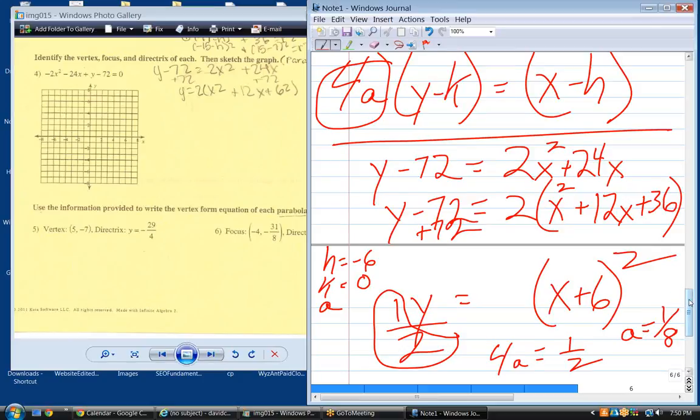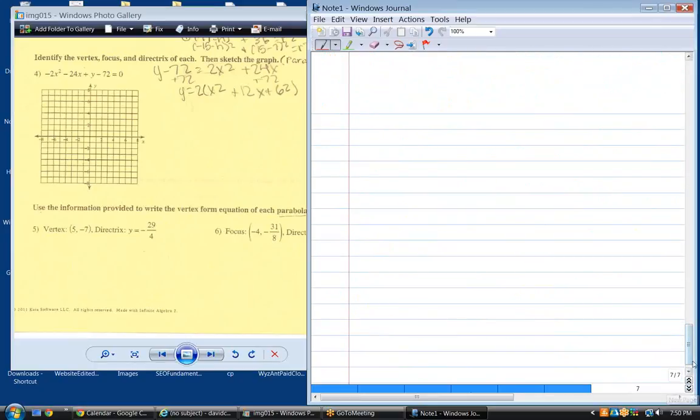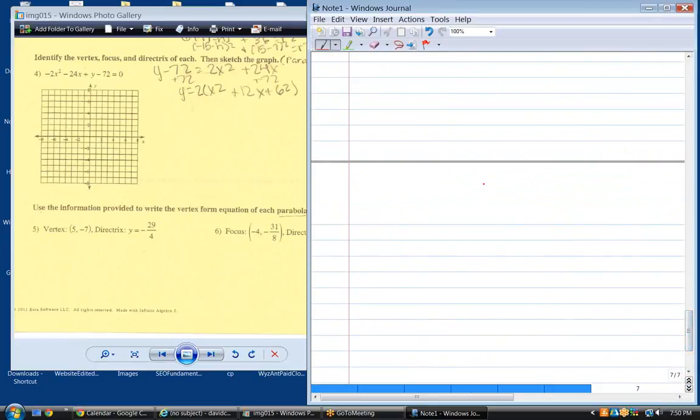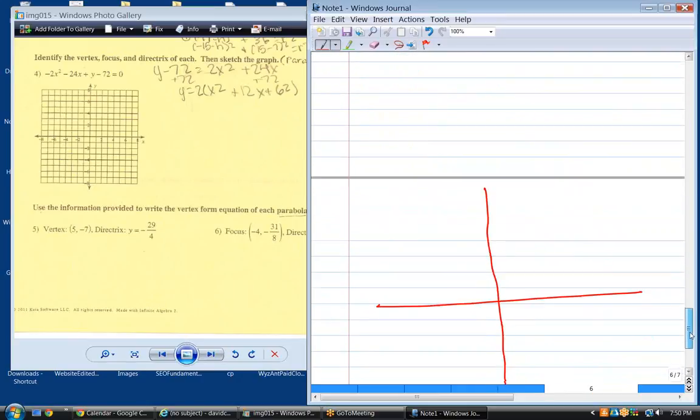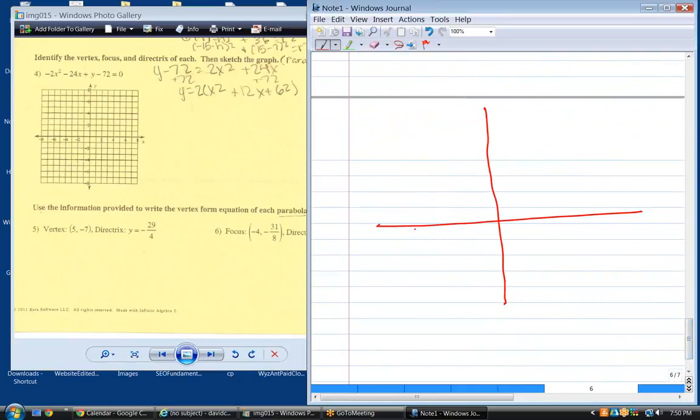Okay, so let's draw this thing. My vertex is minus 6, 0, right here. We know it opens up because it's got a positive coefficient in front of the x squared.